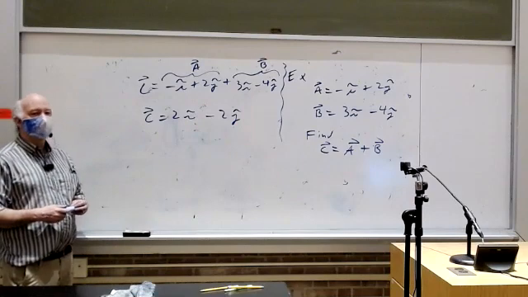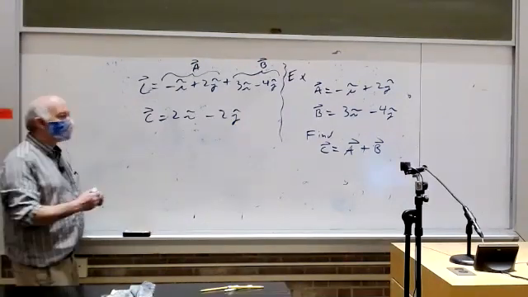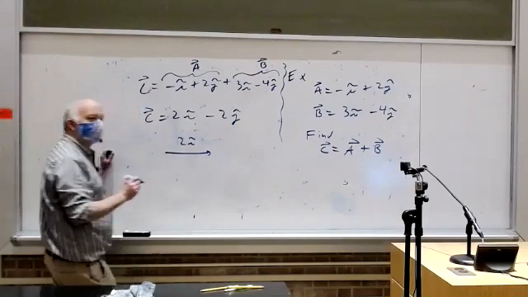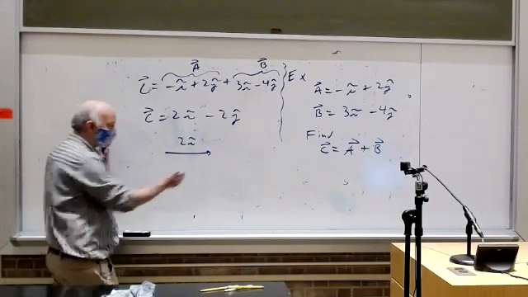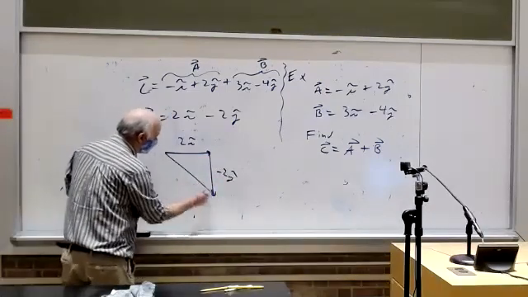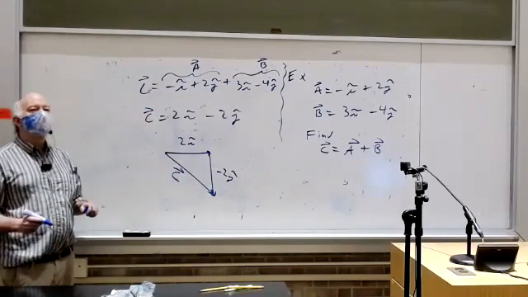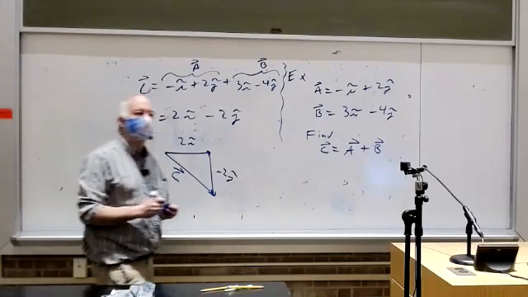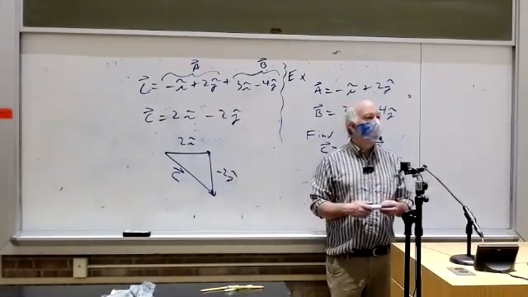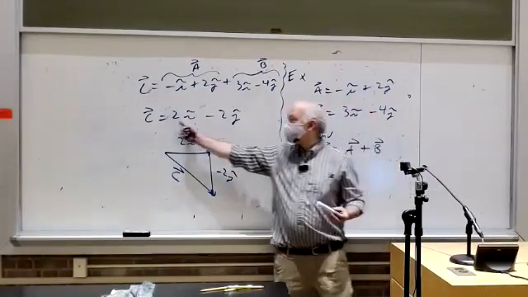Try to draw this. What would you draw? You're going to have this guy here, this is 2 I hat. How does my J hat go? Goes down. And so this right here is my friend C. What is my X component of C? 2 I hat.